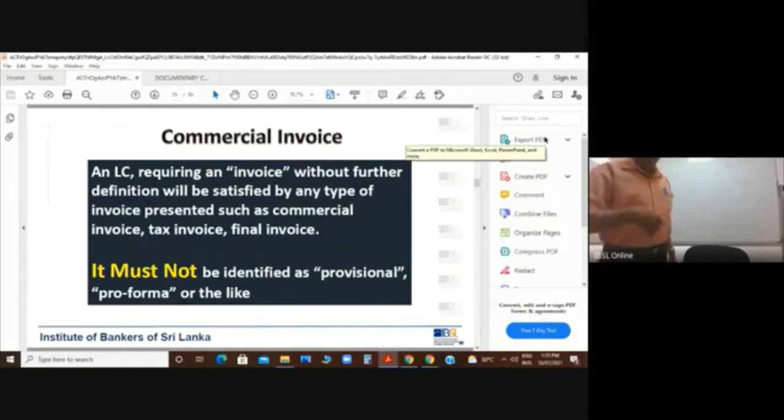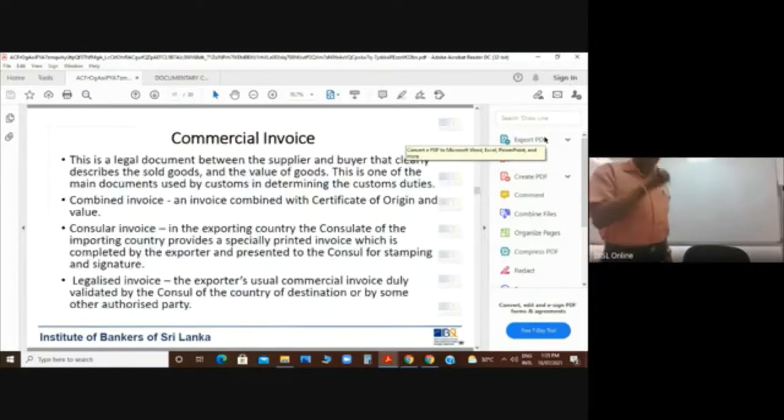You can call it by many terms. They will say commercial invoice, tax invoice, final invoice, but everything comes down to one commercial invoice. It's a legal document between the supplier and the buyer that clearly describes the sold goods.